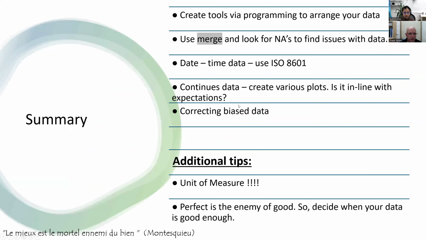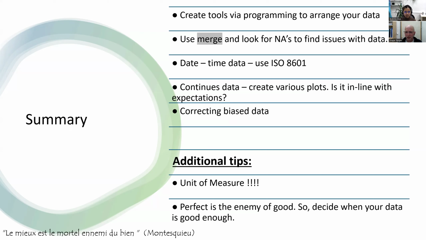So this is the summary. What I suggest for data QC is create tools via programming to arrange your data, use merge, and look for NAs to find issues with the data. We also use duplicated to find duplicates in the data, or unique to find your unique values if it is categorical data or things like that.